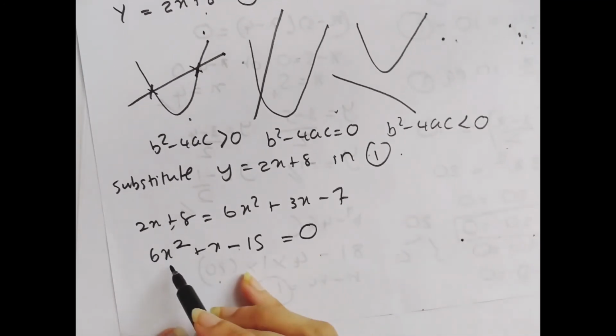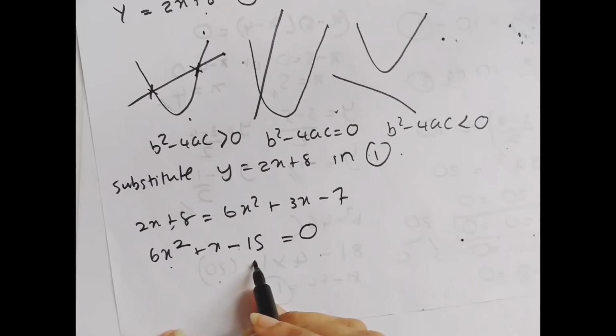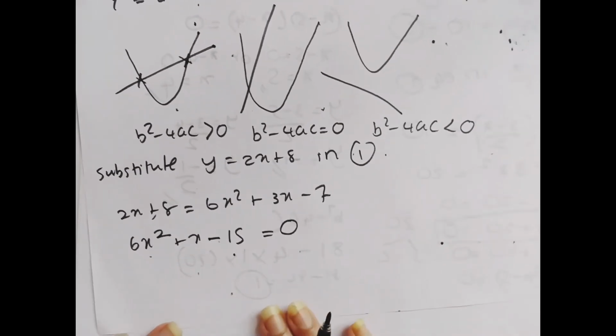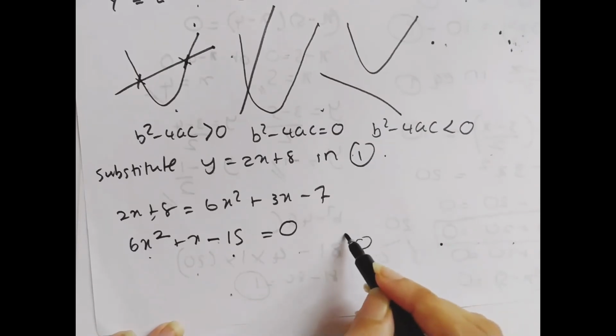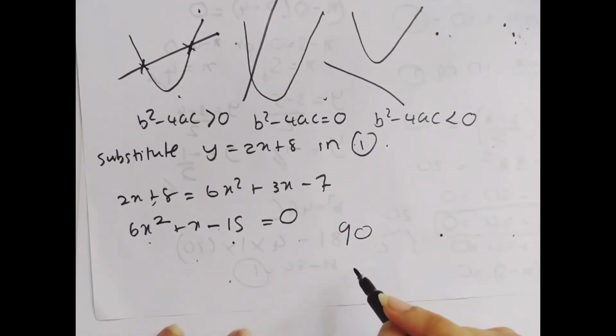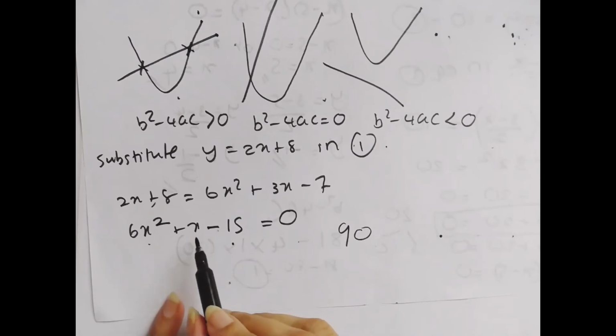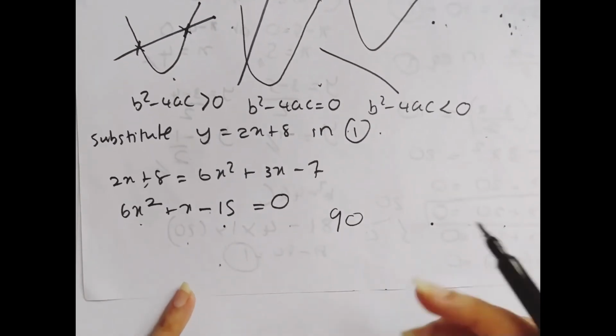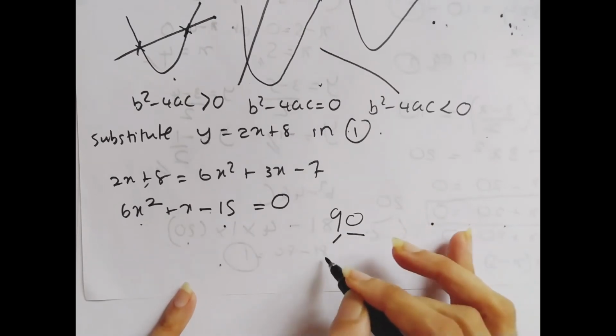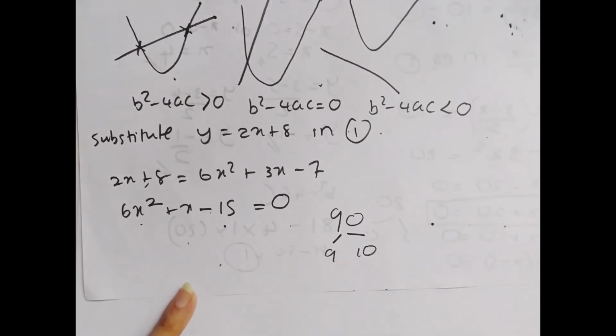Right? Now 6 into 15. 6 into 15 is how much? 90. Now we are going to find the factors of 90 which will give only x. So if you look at this, this is 9 into 10.